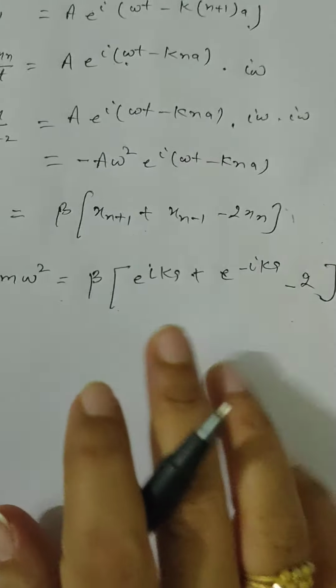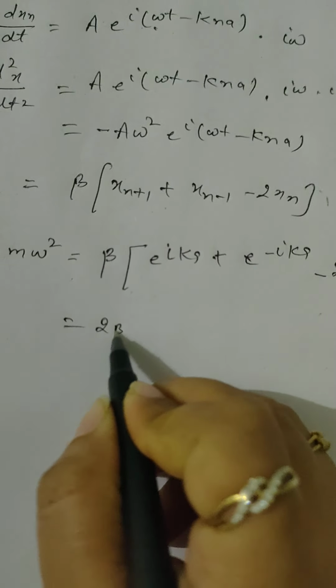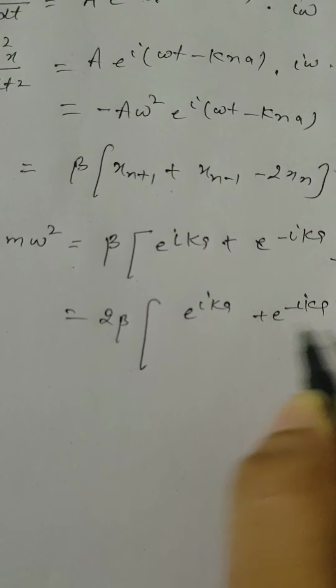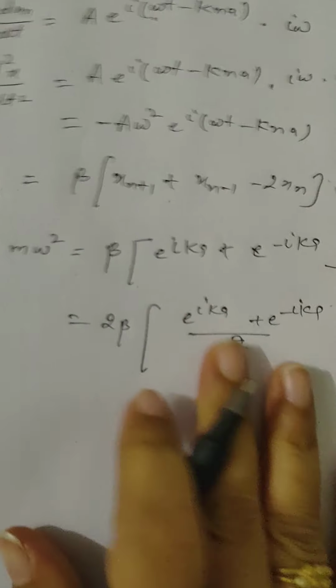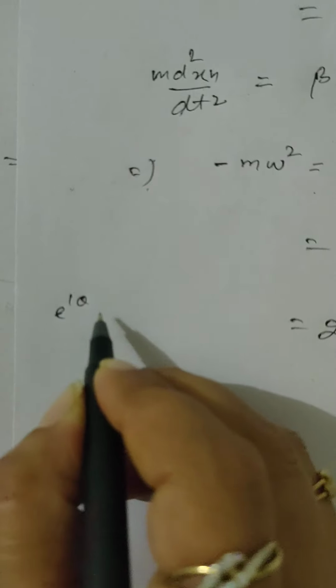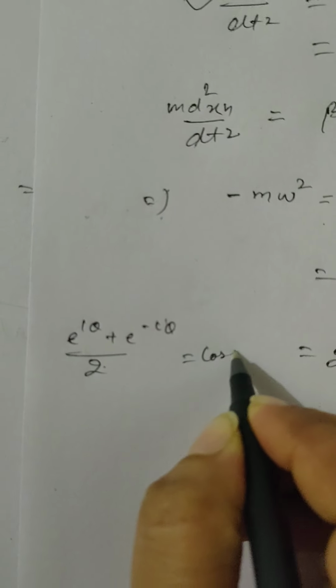So by dividing this equation by 2, taking common 2 beta, e raised to power iota ka plus e raised to power minus iota k divided by 2 minus 1, 2 beta, as e raised to power iota theta plus e raised to power minus iota theta divided by 2 is cos theta.